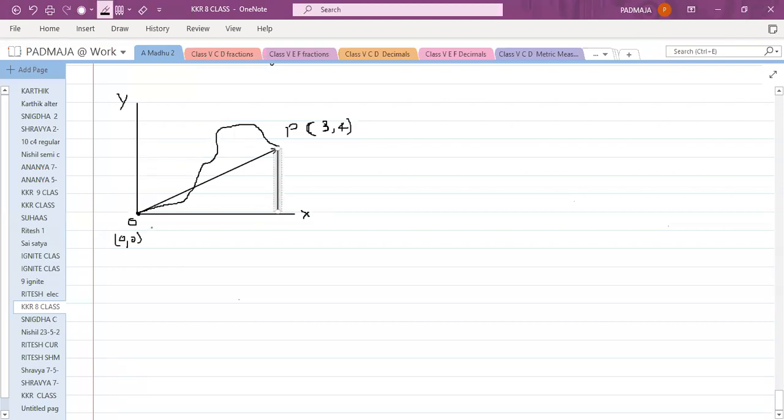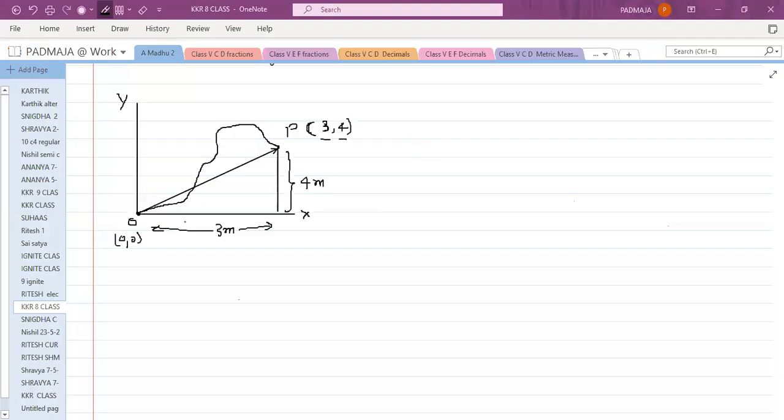So now this distance is 3 meters, which is traveled along the x-axis, and this distance is 4 meters, which is traveled along the y-axis. This is the x component, this is the y component of the distance traveled.